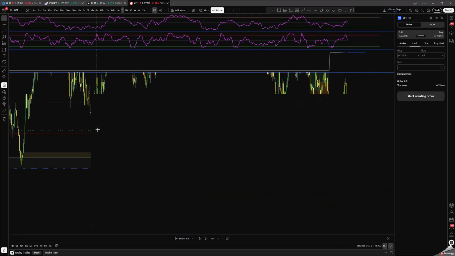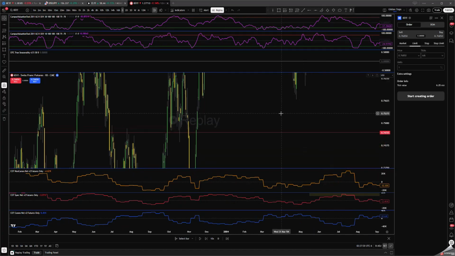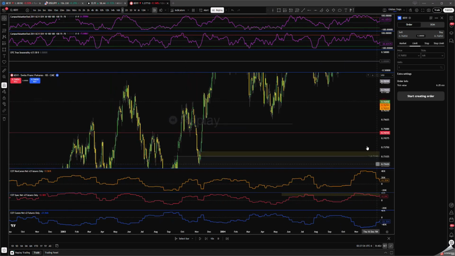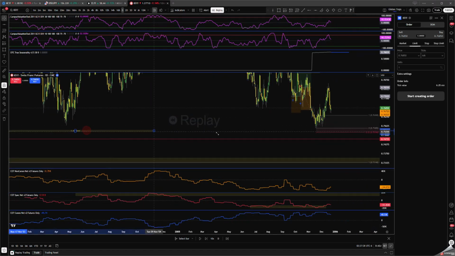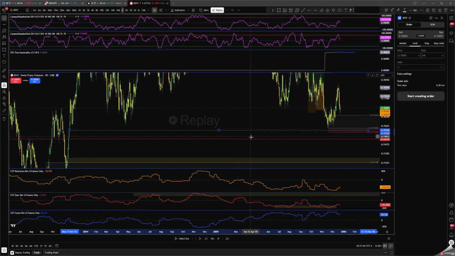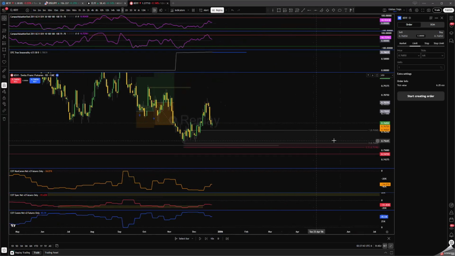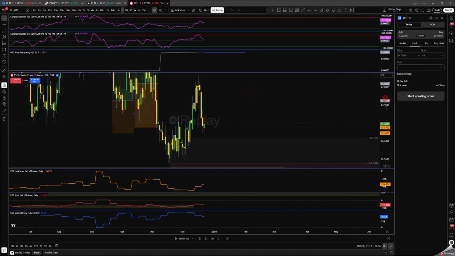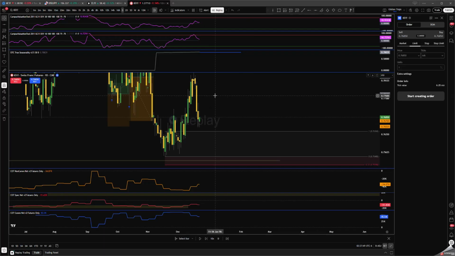Yeah, because I see there's a tiny gap here, and I would like to have my stop loss below that. You never know where the price is going to turn from.